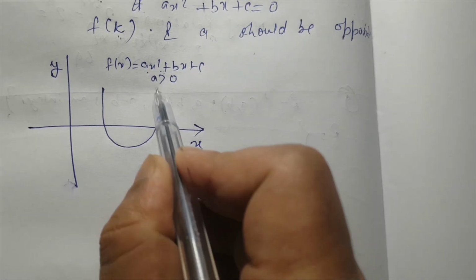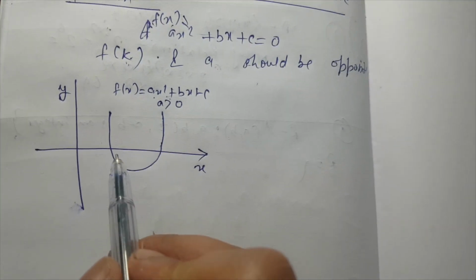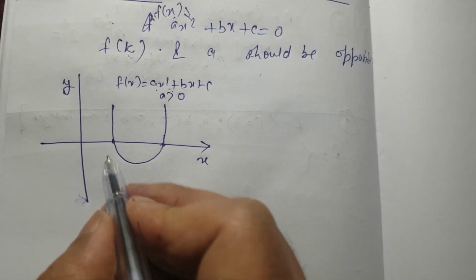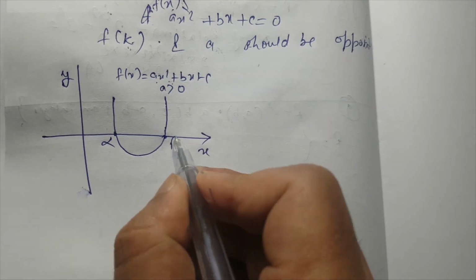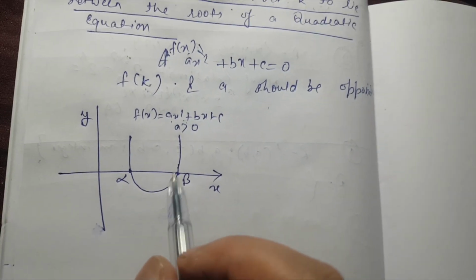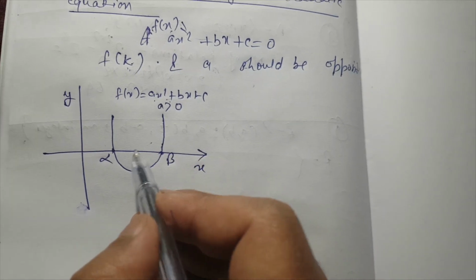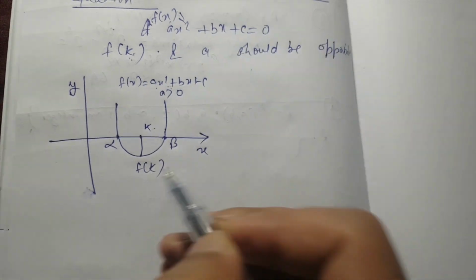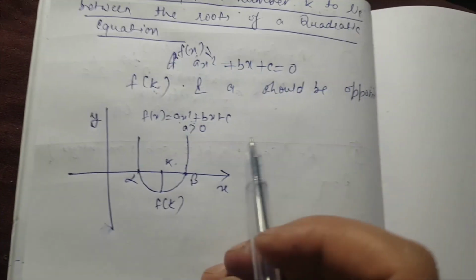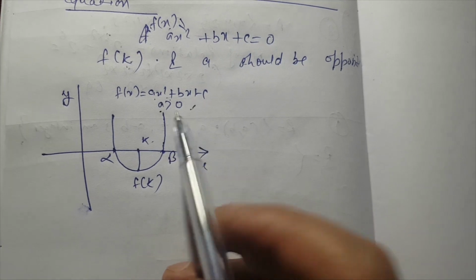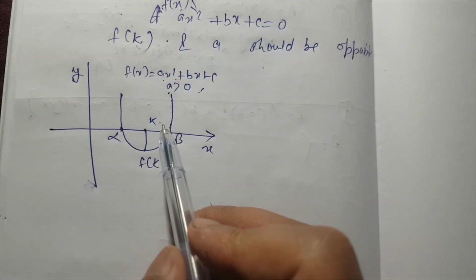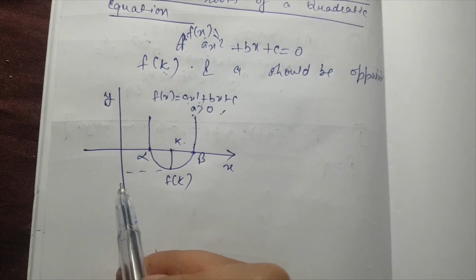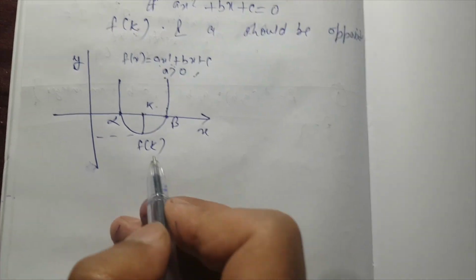These are our two roots, let's say alpha and beta. We want k to be between them, so let's assume k is here, then this value will be f(k). Since a is positive and the parabola opens upwards, the value of f(k) is on the negative side of the y-axis, which is negative.